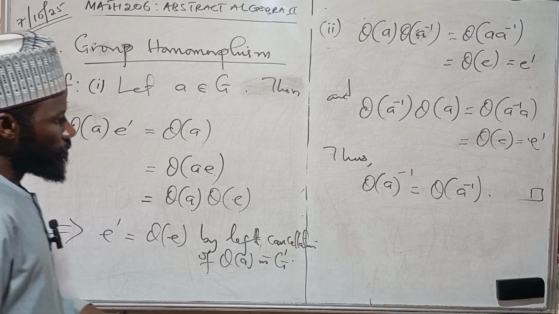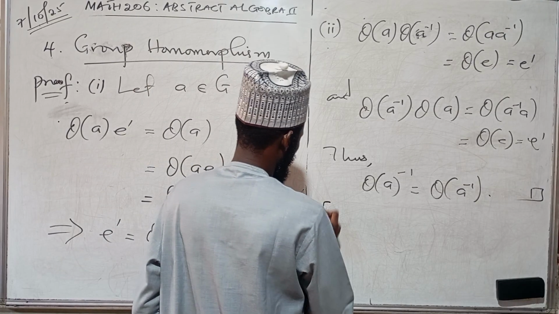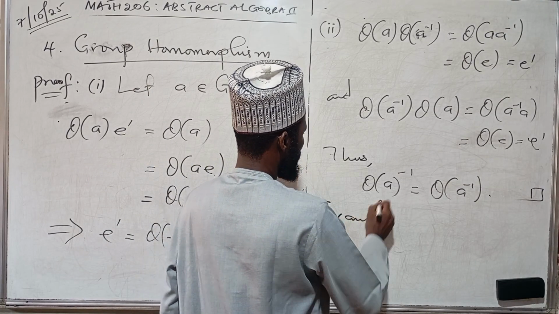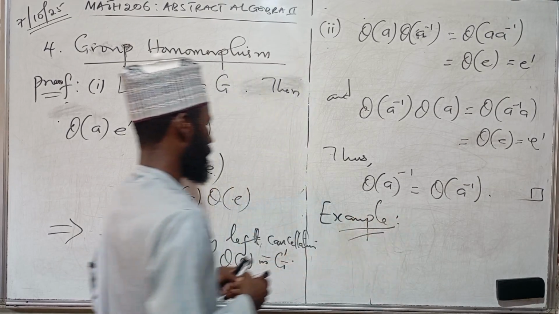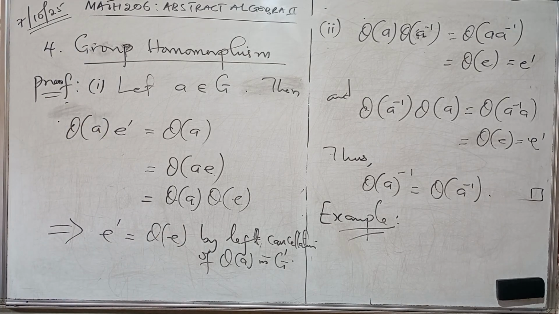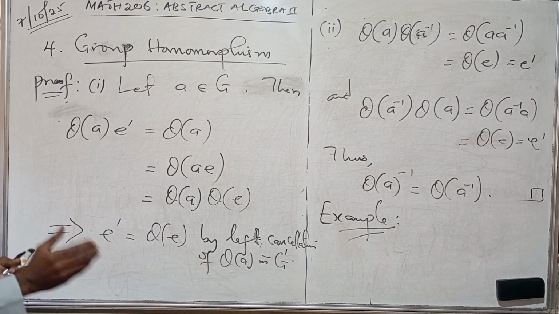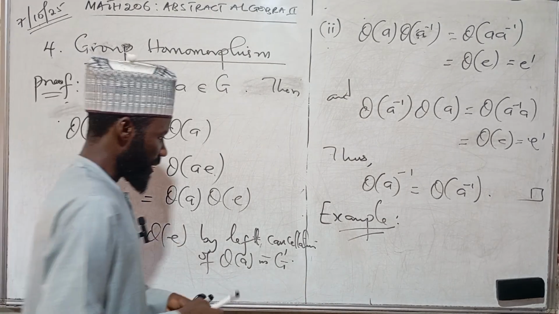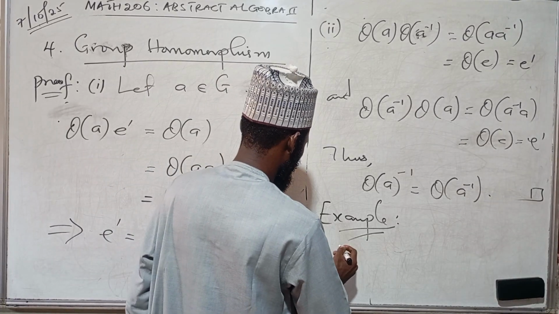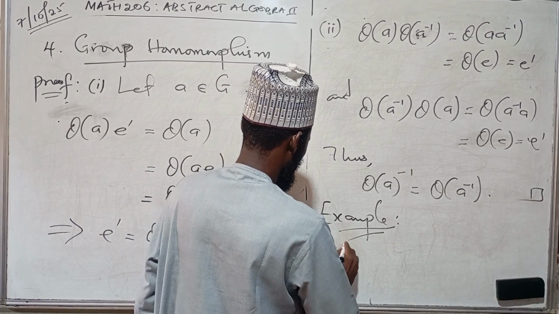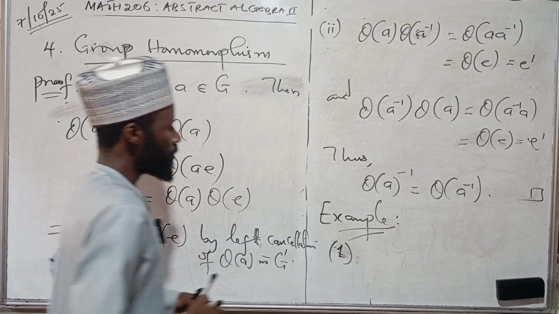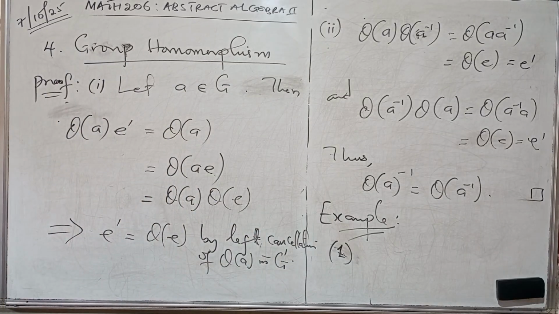So good then. Let me give you examples of group homomorphisms so that you have a feeling of the fact that they exist. The very first example I will give you is the fact that there is always a group homomorphism from every group into every other group.